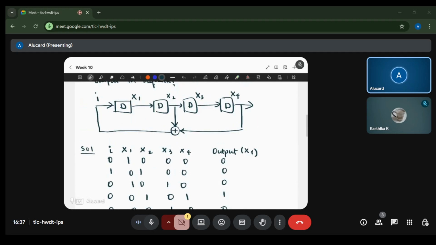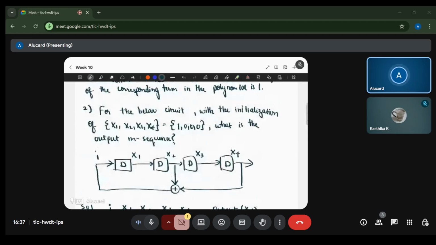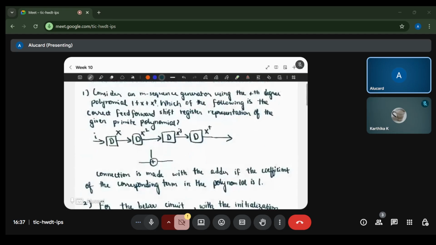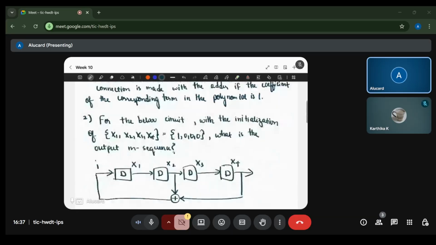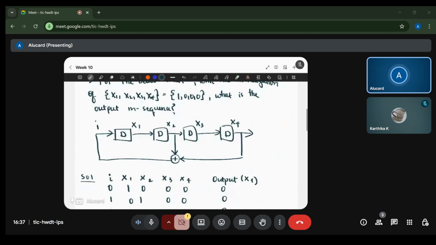Now this is for this particular circuit. For your assignment, you first have to answer question 1 and get the circuit first. Then you do the same thing. Use the same procedure. You will get the output sequence.